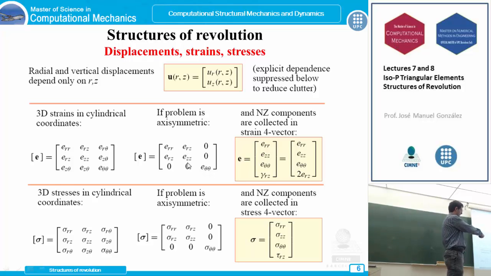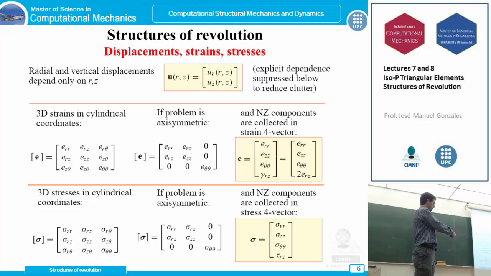So we place this strain tensor, considering the non-zero components, in this 4-component vector with the strains and the distortion. Look that this circumferential component is placed in the third place. Remember, this is our extra component in the problem compared to the bidimensional problem.